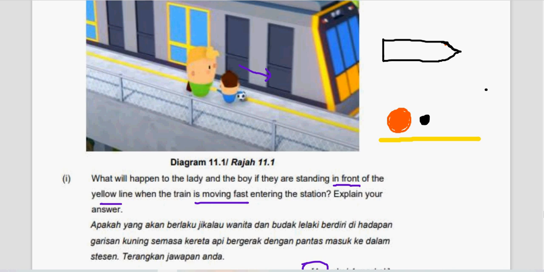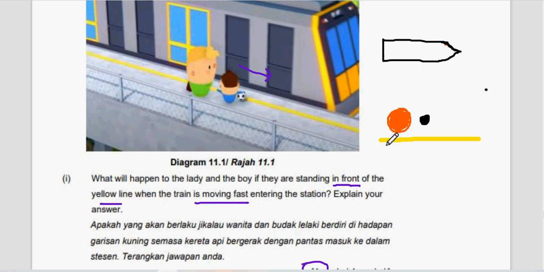So in between, okay, when the train move at high speed, so the air in between the lady, I'm using orange rambut warna orange kan? Okay, the lady and the boy, pandangan atas lah. Okay, so the air in between the lady and the boy, in between them and the train will be moving at high speed.